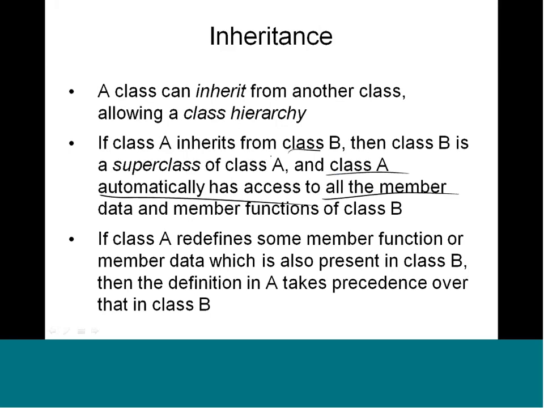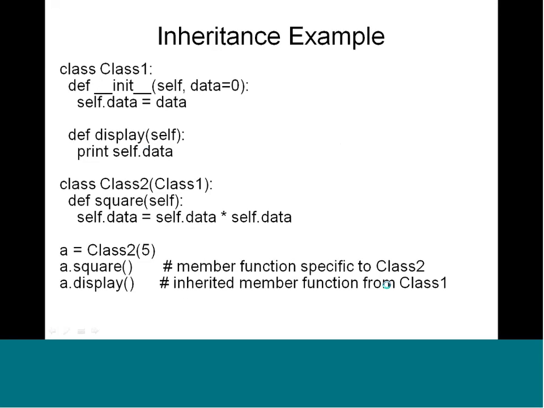Again, when class A inherits from class B, class B is the superclass of class A, and then class A gets all the goodies from class B. Basically, all the functions are automatically accessible by class A. And if class A redefines some member function or member data which is also present in class B, then the definition in A takes precedence over class B.